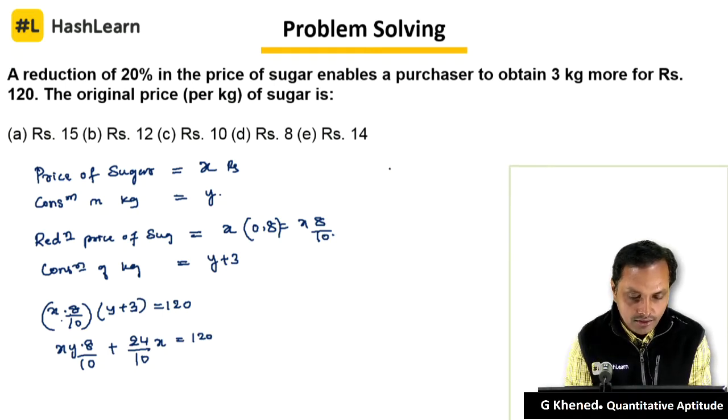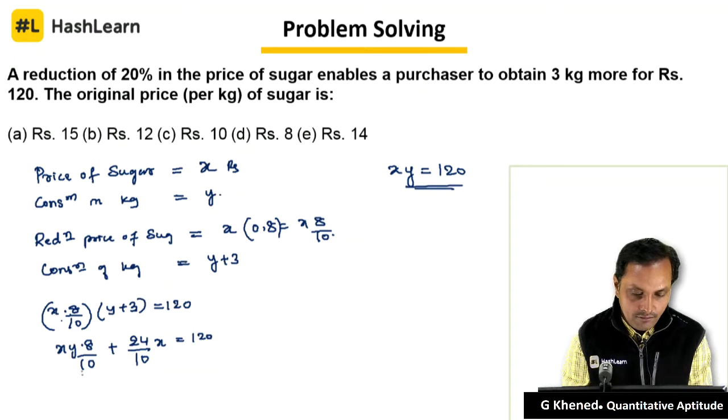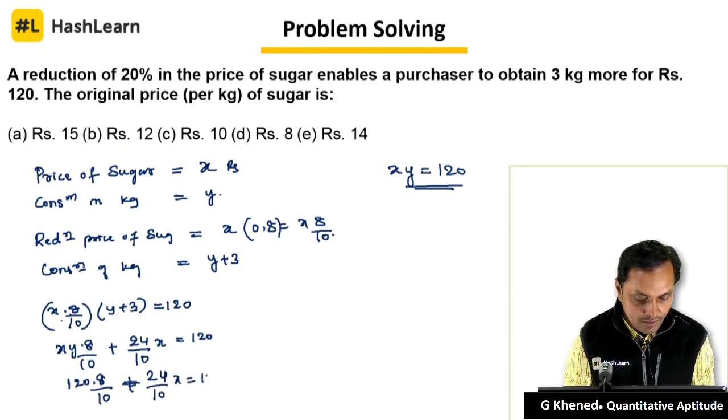And you know the original cost was 120. When you substitute X into Y as 120 here, plus 24 by 10, X is equal to 120.